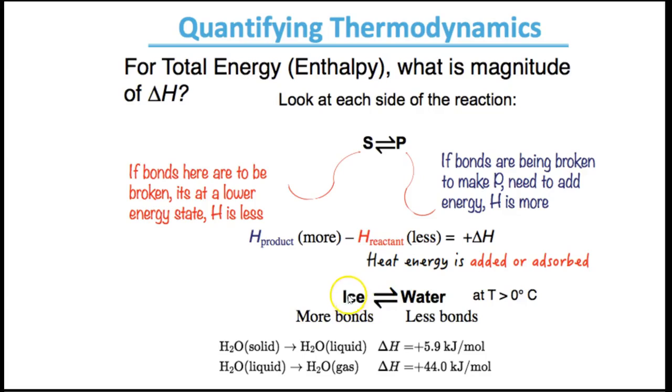And also just to note, when the ice is in this crystalline form, you have more bonds, and as those bonds are being broken up and the water molecules are separating, that's where you have less hydrogen bonds, and that's when you have liquid water.